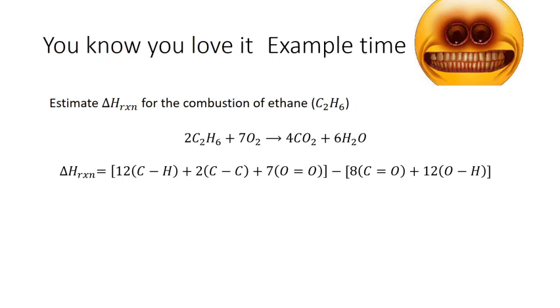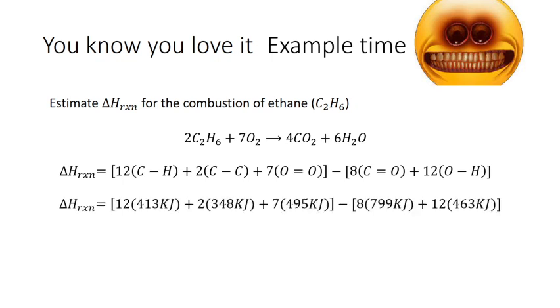So then we're going to look up on a chart and find our bond enthalpies, and we put those values in. And so now we have put the values in for all of our bond enthalpies. And again, now that we have everything in here, this just becomes multiplication and addition. So we can simplify this, right?